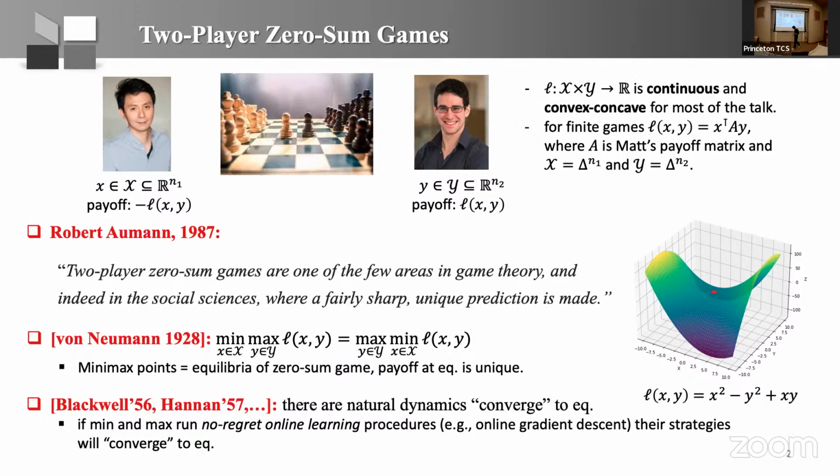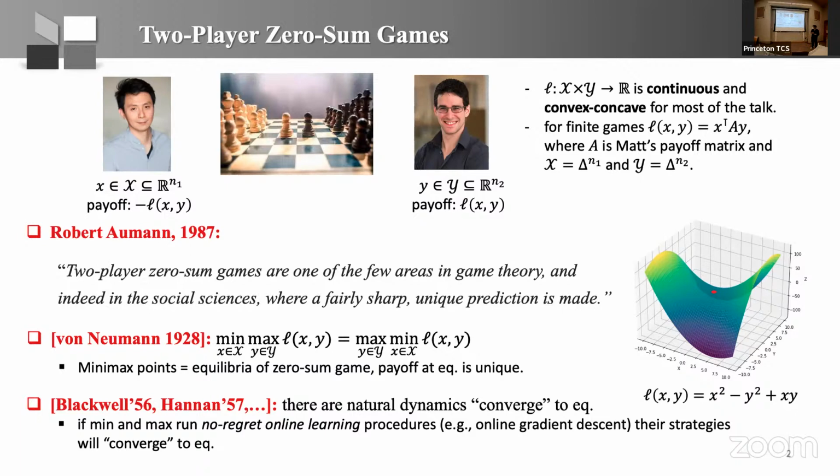So one type of statement would be that, say, maybe me and Matt are both running some kind of online learning algorithm, and there are no regrets. For example, you can imagine we're both just running some online gradient descent algorithm to update our strategies. And then these classical results say that our strategies will converge to an equilibrium. Okay. So that kind of gives another justification why you expect people to play equilibrium in a two-player zero-sum game.